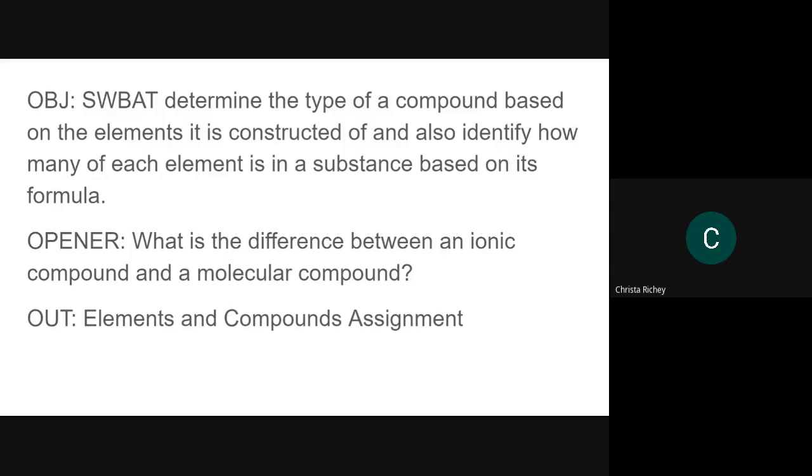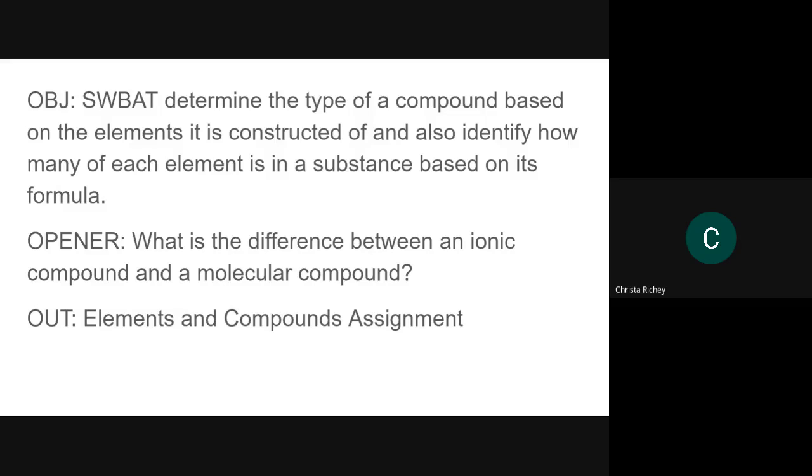They're made of non-metals. Remember, on the periodic table, that red staircase, everything to the left is considered a metal, except for hydrogen. Hydrogen is just out of place. And everything to the right of that staircase, including hydrogen, is considered a non-metal. So once again, ionics start with metals. We normally end with non-metals. Yes, there are some exceptions with polyatomic ions, but we're primarily talking about binaries today.